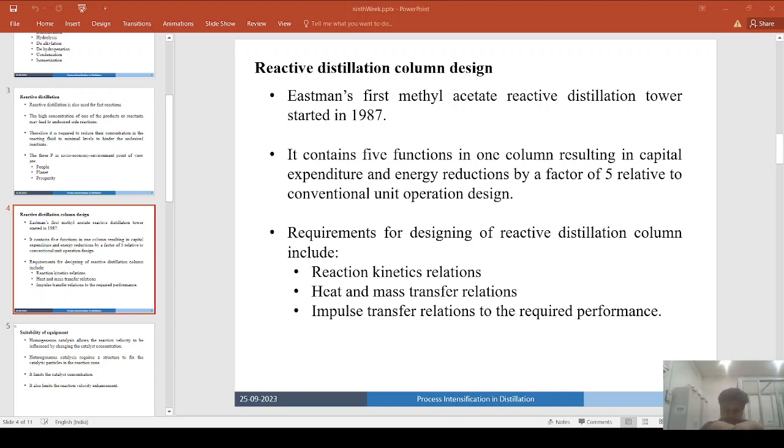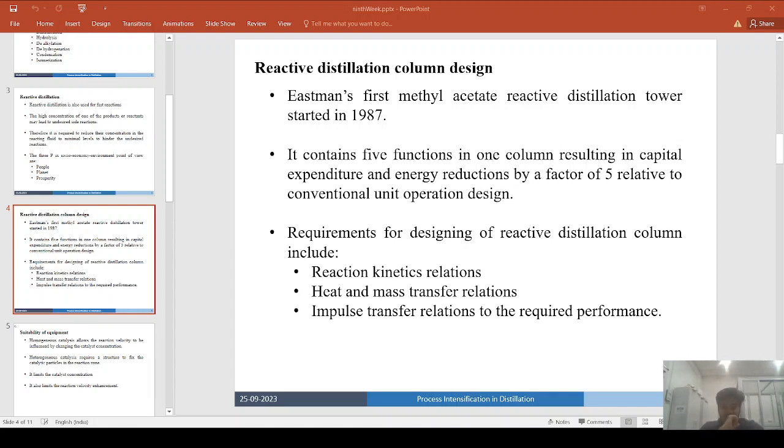So a reactive distillation column, if designed very carefully, may give very high amounts of profit and optimization.